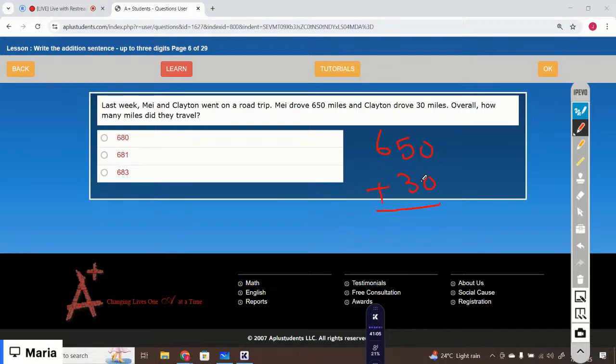So, let's just add. 0 plus 0 is 0. 5 plus 3 makes 8 and 6.